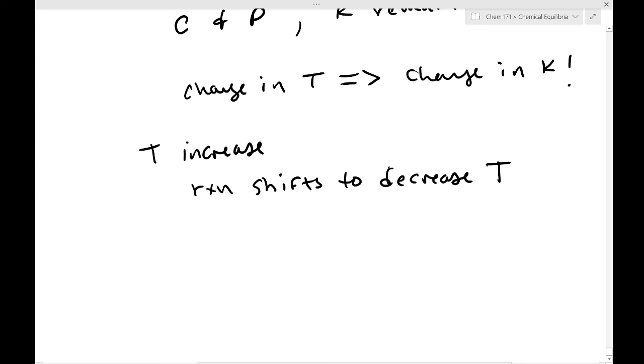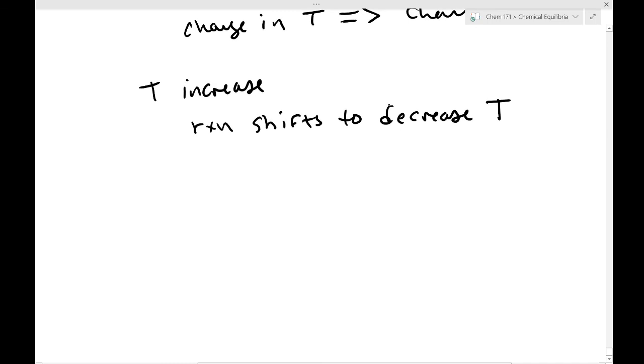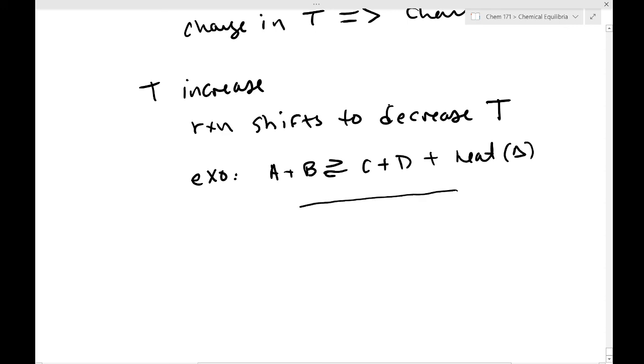Okay, so if you have an exothermic reaction, say for example, A plus B goes to C plus D plus heat. Okay, that means that the reaction in this case is going to shift to the left.